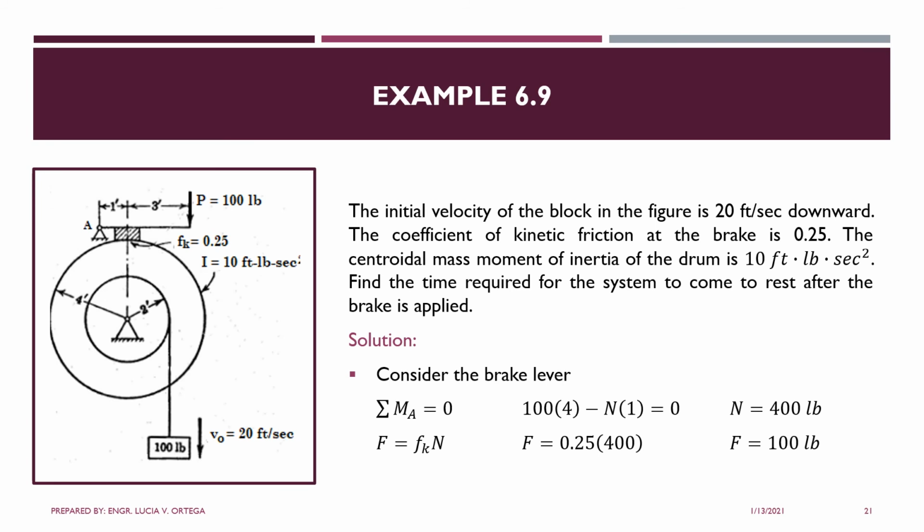So that is P times 4 minus the normal reaction with respect to the brake, directed upward, N times 1. So the normal reaction is 400. Force of friction is Fk equals mu k times N, coefficient of friction times normal reaction. So 0.25 of 400, so force of friction is 100 pounds.